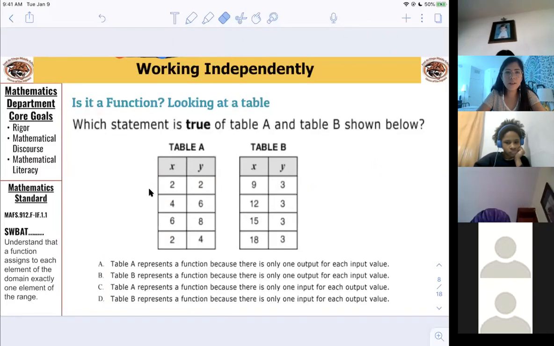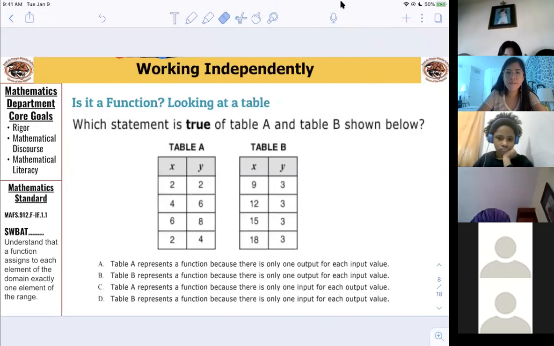When you've got an answer, go ahead and put it in the poll, and then we'll see who wins. See if you got it right. And by the way, this is what this type of problem looks like on a test. On tests, they try to trick you a little bit.